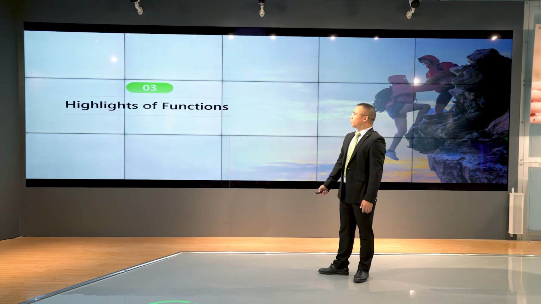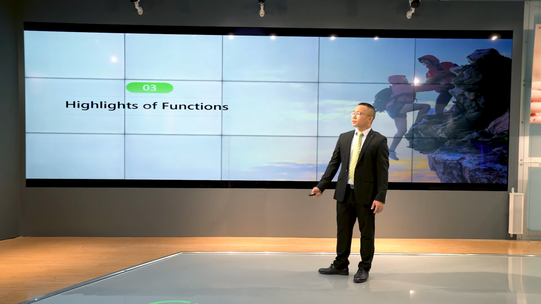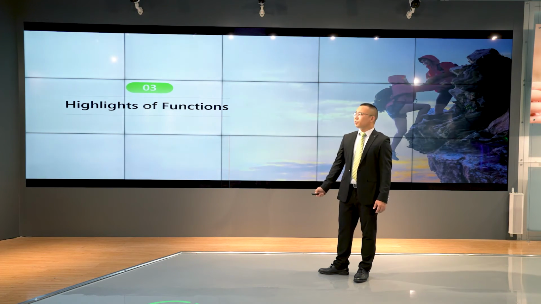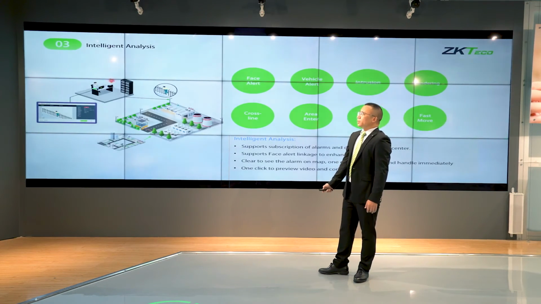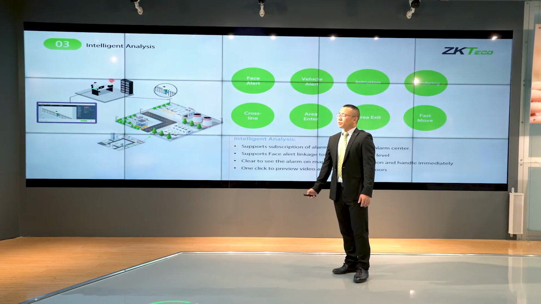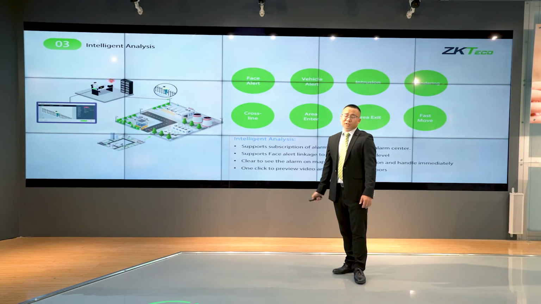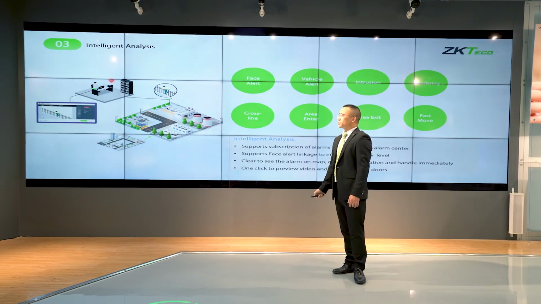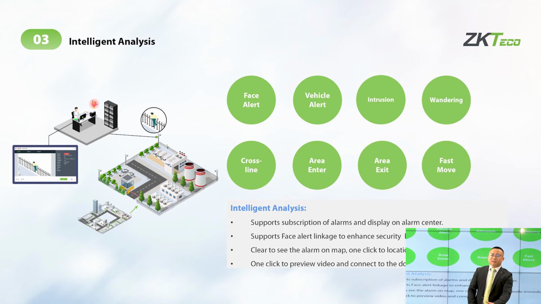The third part, we talk about the highlights of the functions of the ZKBioCV security. The highlight is very interesting, for the intelligent analysis: face alert, for people, car, objects, all integrated in the platform.